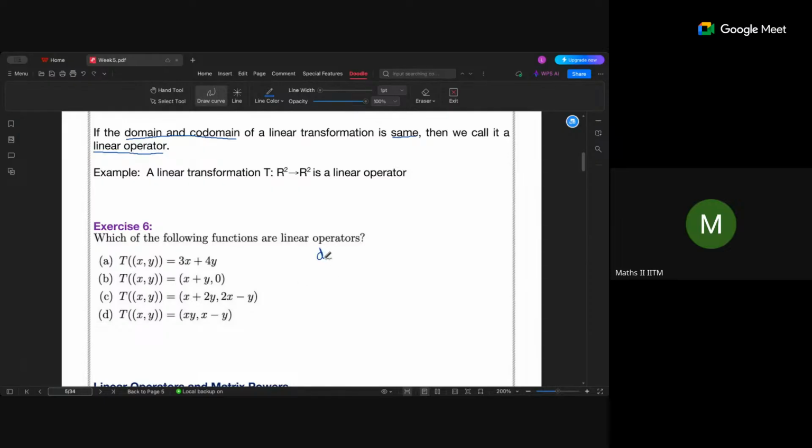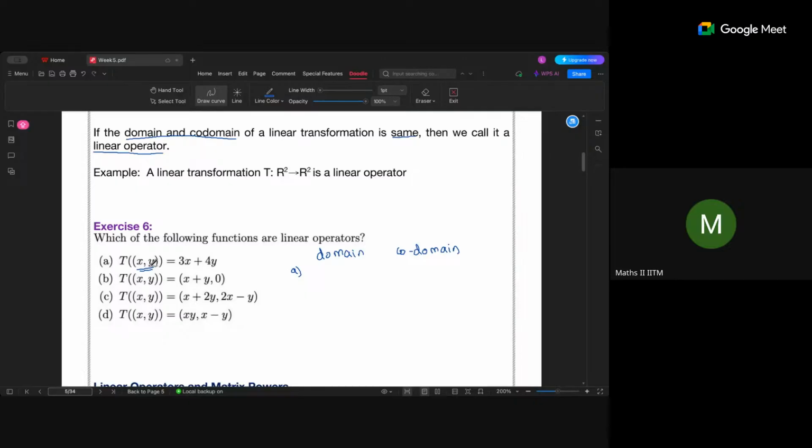First quickly tell me what is the domain and codomain in each case. For A, what is the domain? The first option, what is the domain of T? Where does (x, y) belong to?